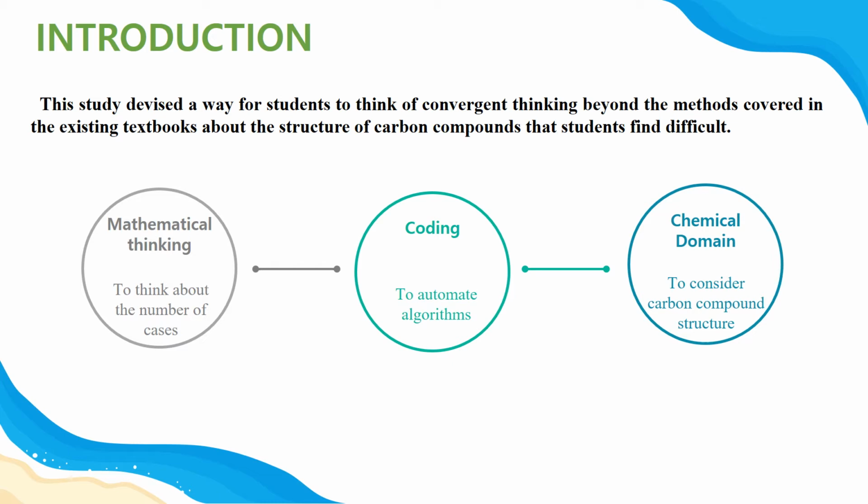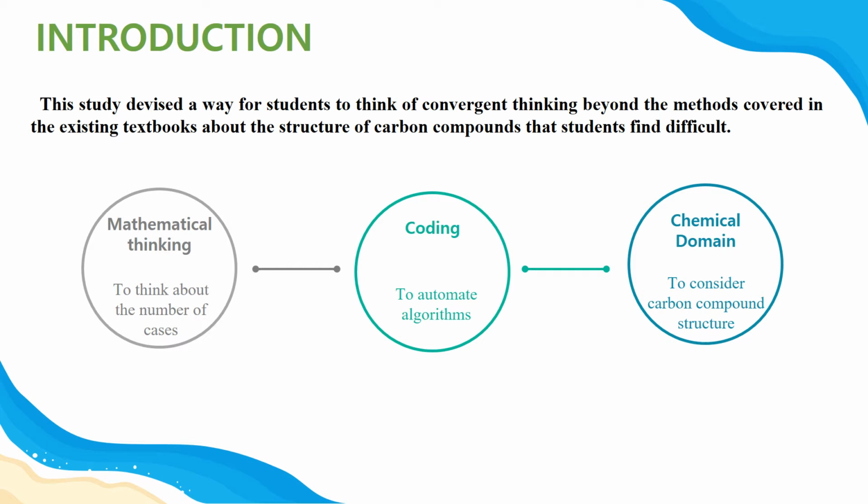As such, mathematical thinking and conditions are necessary in the chemistry field. The determination of whether the condition is met is mechanical, so we can algorithmize it with tools such as coding.